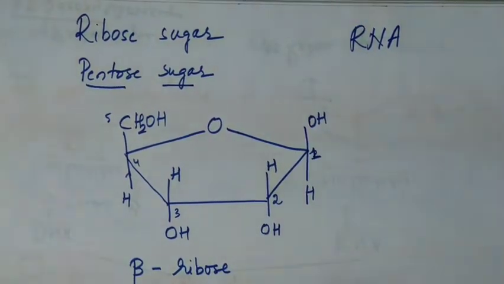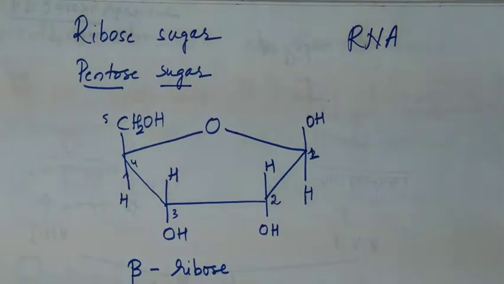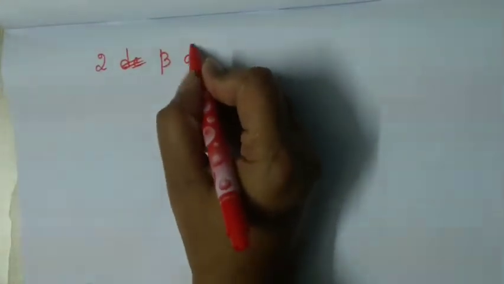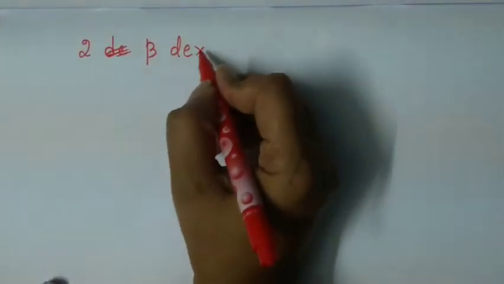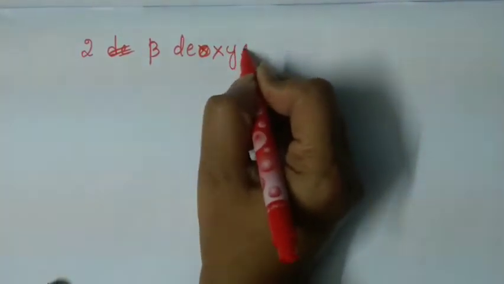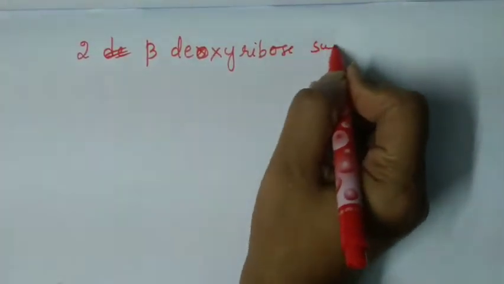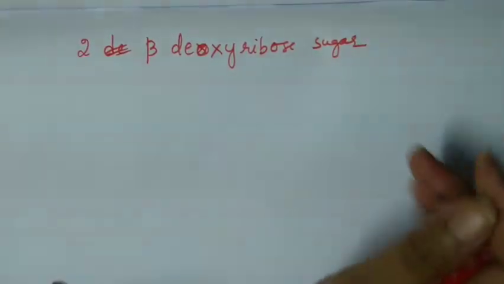In DNA we have 2 beta deoxyribose sugar. So the same sugar you are going to write.